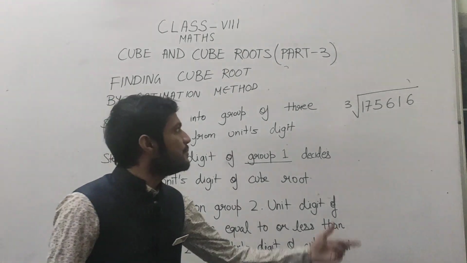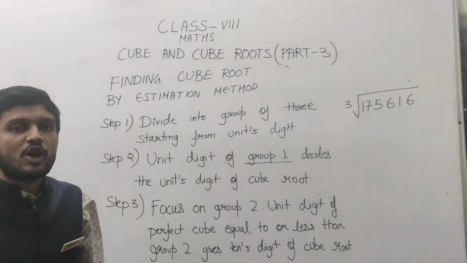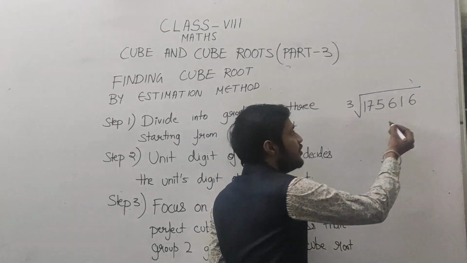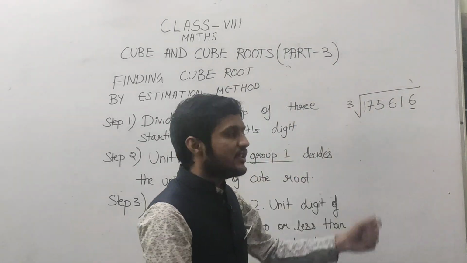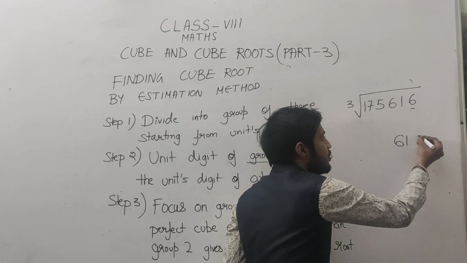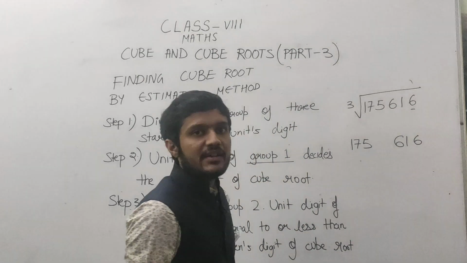Divide this number into groups of three digits starting from the unit digit. So the first group will be 616 and the second group is 175.